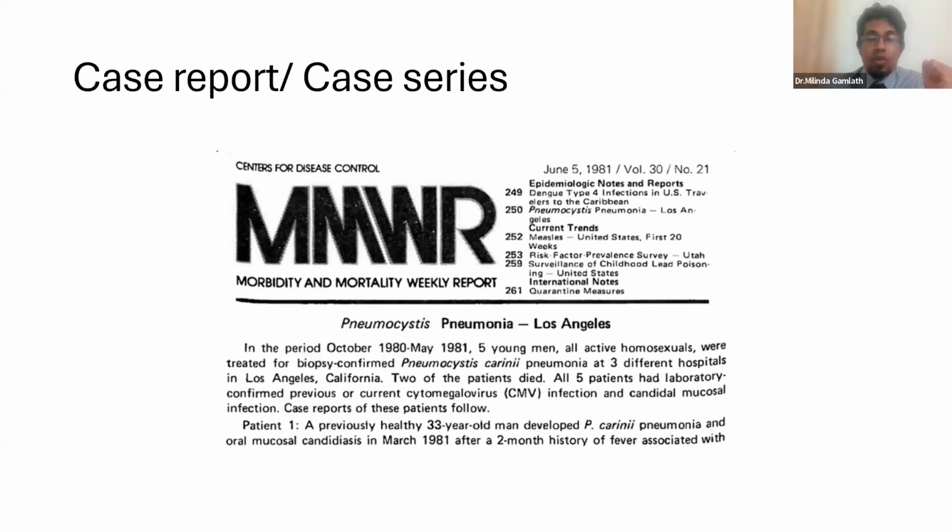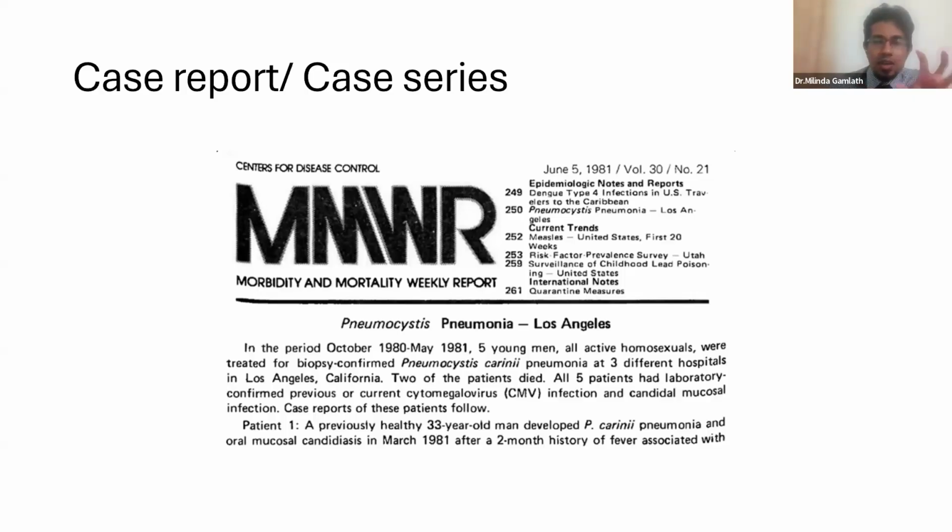This is what started all of the investigations, which later led to discovering that the HIV virus caused this condition which leads to acquired immunodeficiency. And this is very famous in epidemiology.